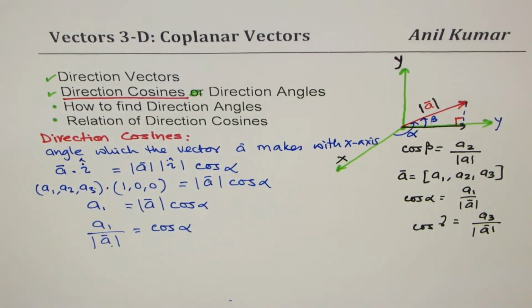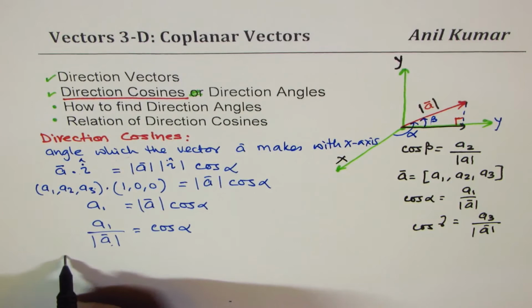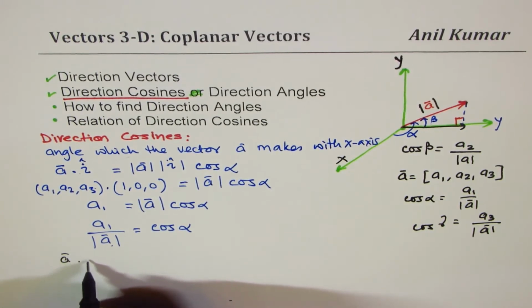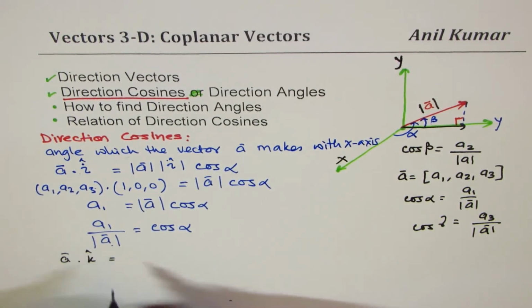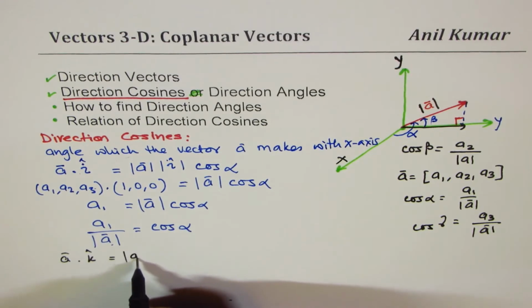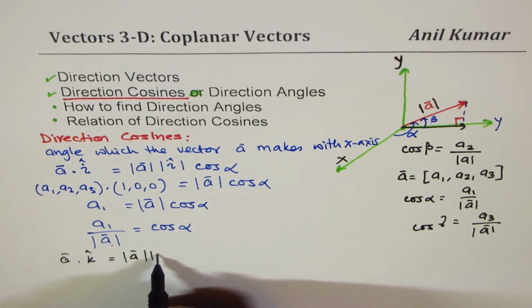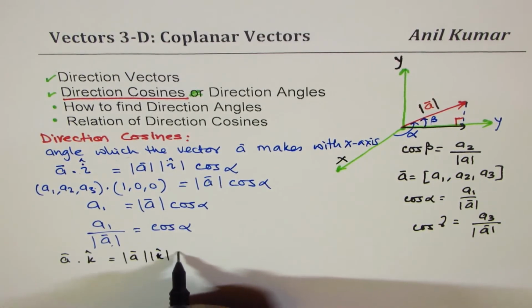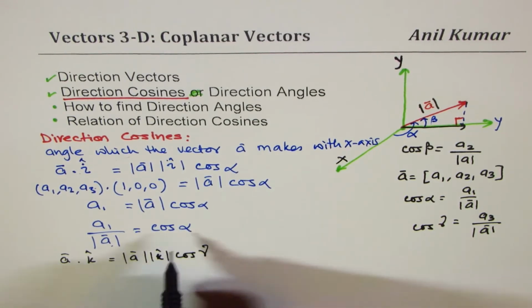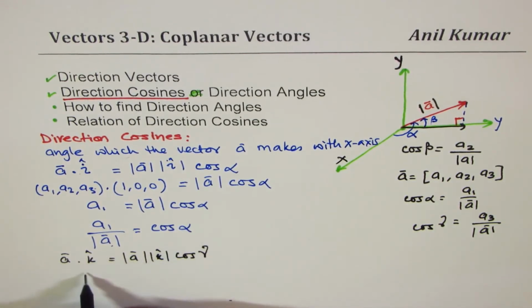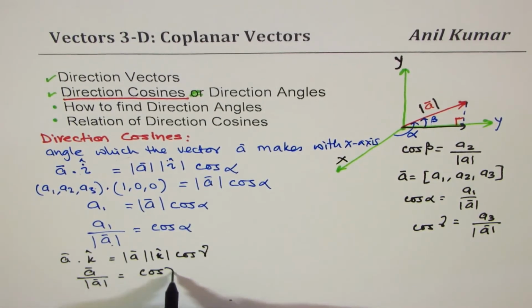So we could also do this with A dot j and A dot k, the unit vectors, and if you do that, what do you get? Cos of beta and cos of gamma, right? So you will get that when you divide the component by the magnitude of A, you get cos of gamma.